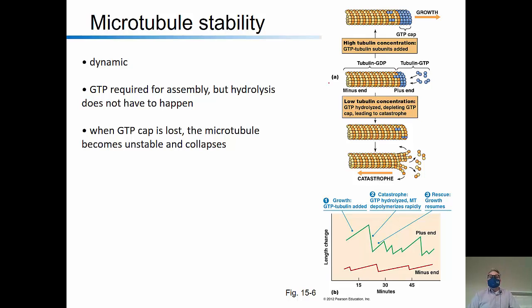In fact, if the tubulin dimers at the plus end are bound to GDP rather than GTP, we get a destabilization and a collapse of the microtubule, which we can call a catastrophe. And we compared the dynamic differences between the plus end, where we see these huge gains and drops, with the minus end, where things are much more conservative and there are smaller gains and losses.